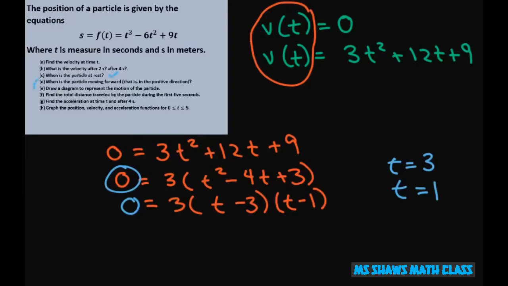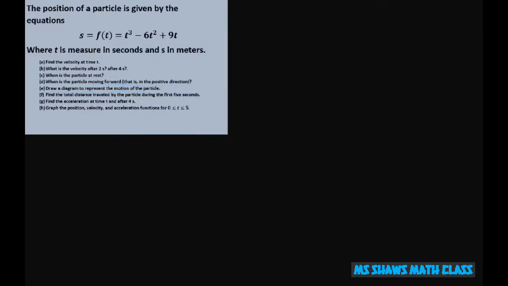Now we're going to move on to D and E. When is the particle moving forward? That's in the positive direction. Basically these are two solutions, and we're going to write this again as 0 equals 3 times t minus 1 times t minus 3.